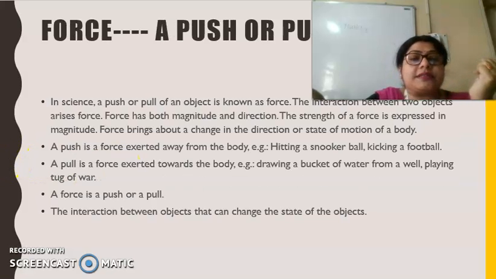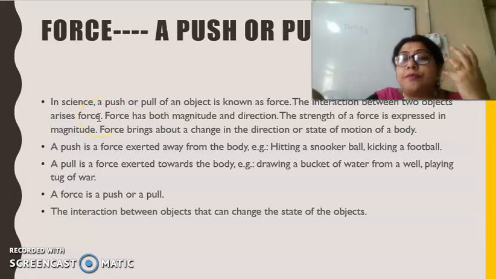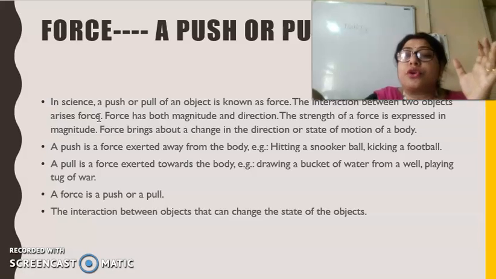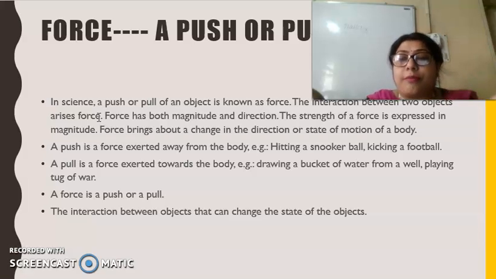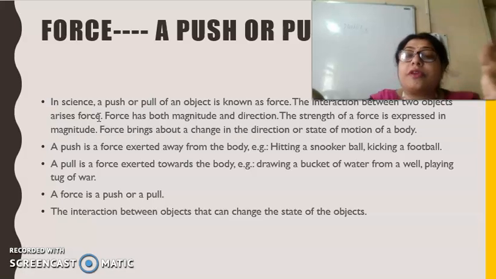Here you will see what push or pull actually is. When we say push, we are applying some force on a body and making the body move. It depends on how much force we apply, whether we can make the body move or we may not.